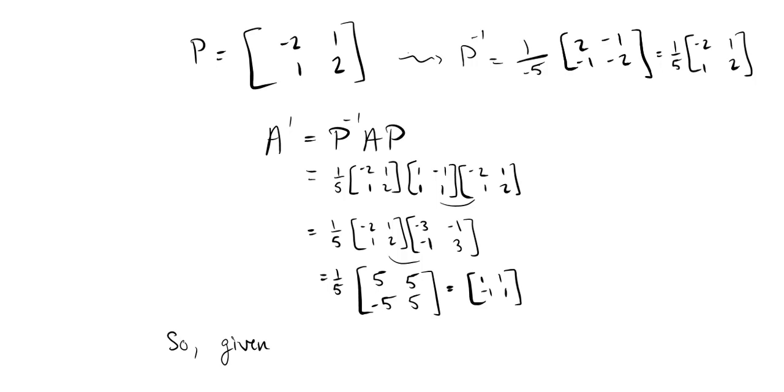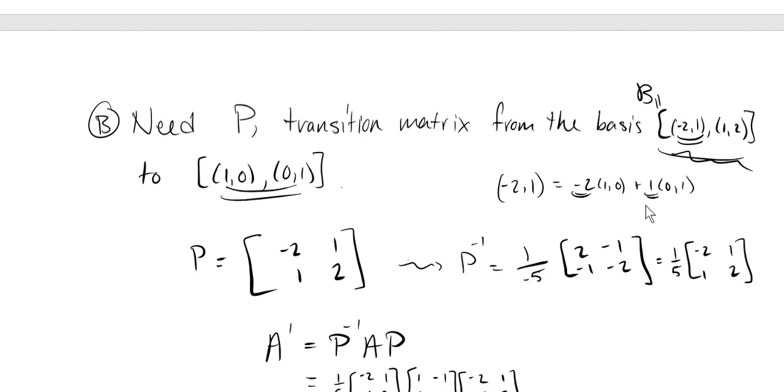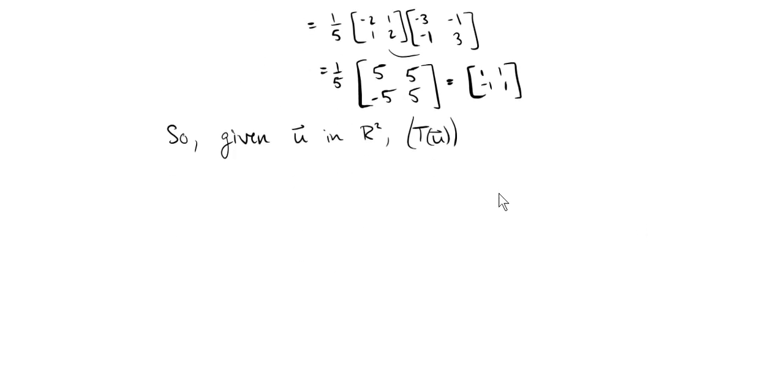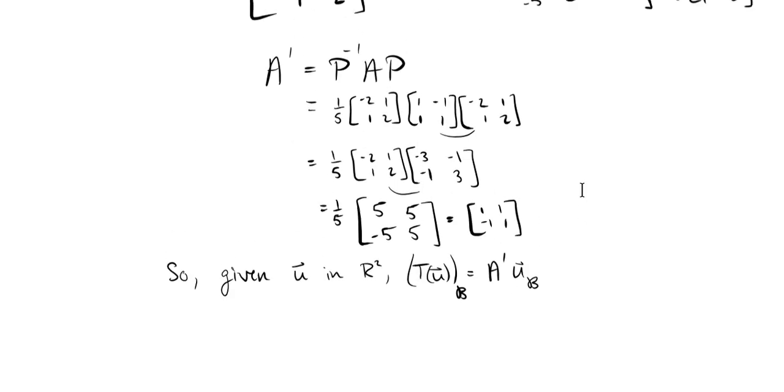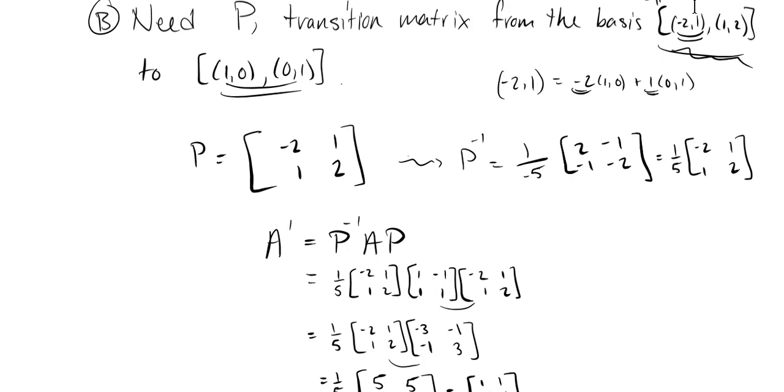Given a vector u in R2, the coordinates of the image of u relative to the weird basis we were given, we'll call it B, the coordinates of the image relative to B just equal this matrix A prime that we found times the coordinates of u relative to B. So it would be whatever A prime is times the coordinates of u relative to this weird basis B.